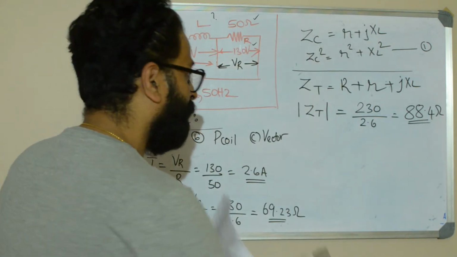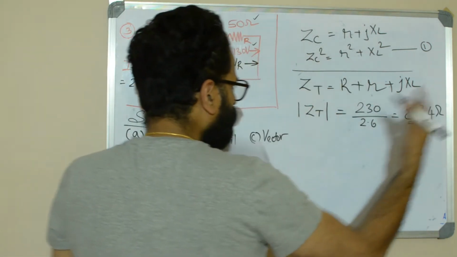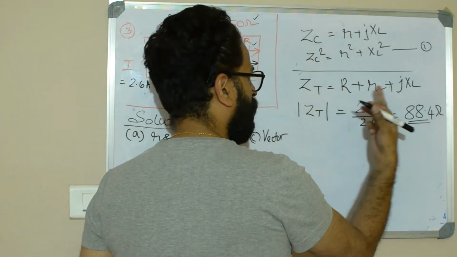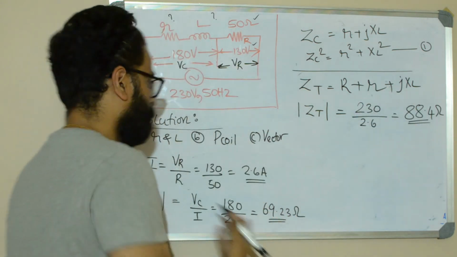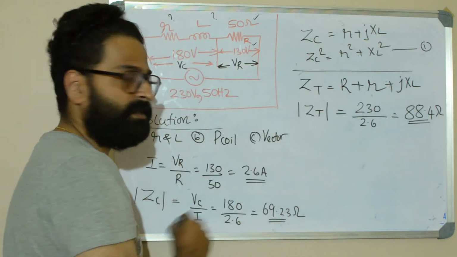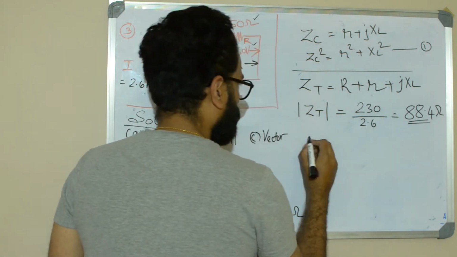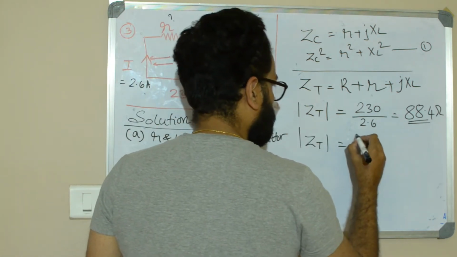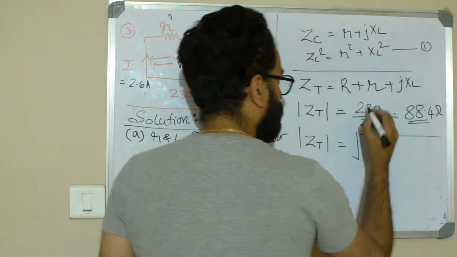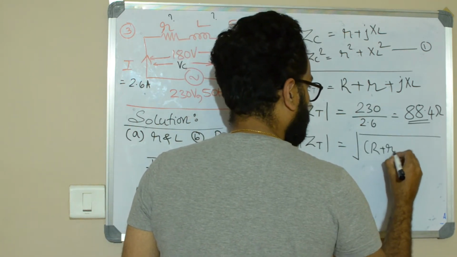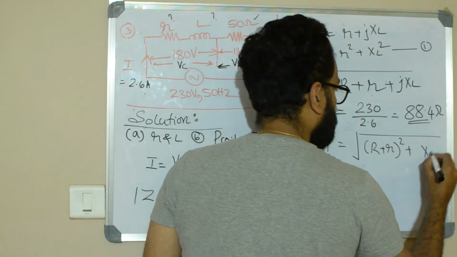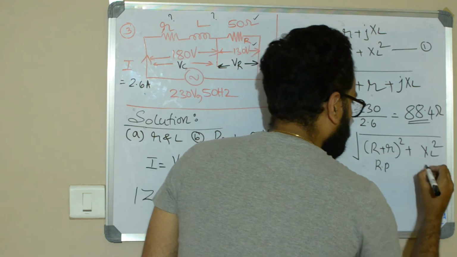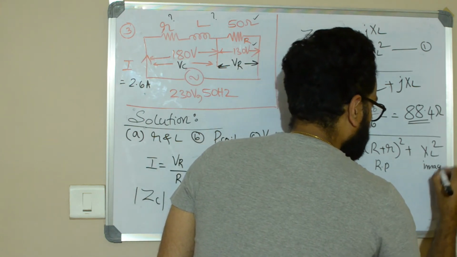Alright, and now let us try to find out the value of R and L from the Z total expression. So Z total can be written as modulus of R plus r the whole square plus XL the whole square. It is simply the real part square plus imaginary part square.